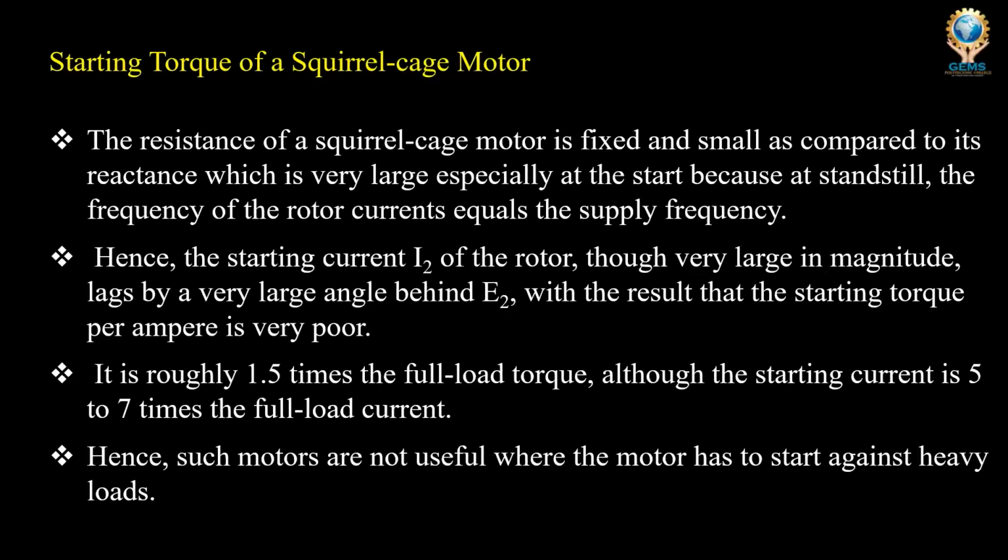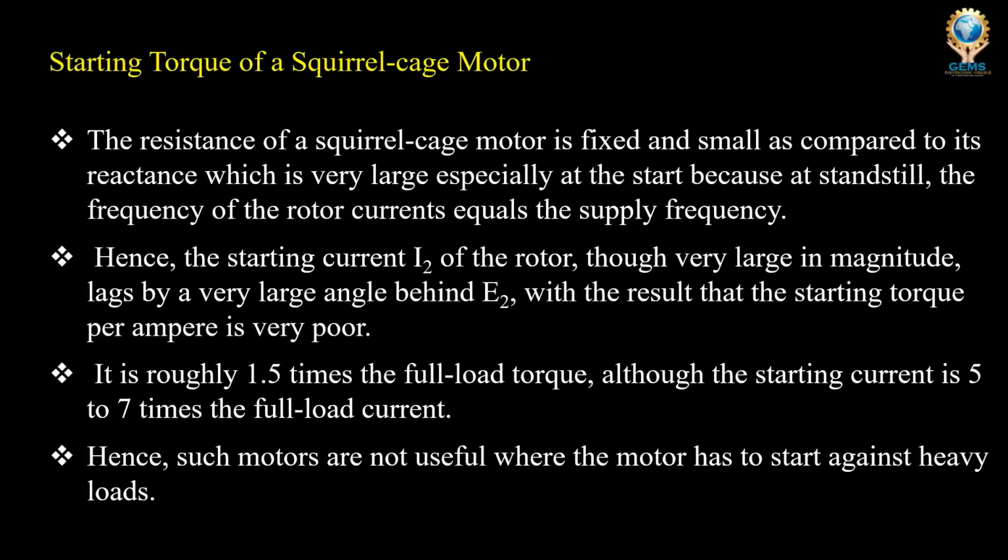So what will happen in squirrel cage motor? There will be a large angle of current. Okay, the starting current will be too high because the resistance is less. That's why the current will increase.